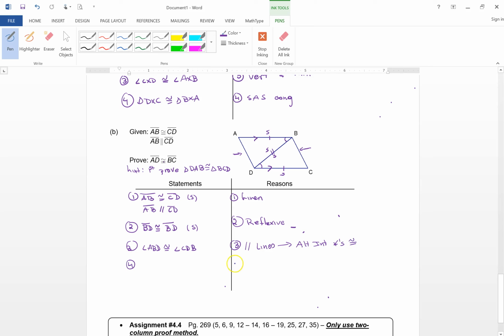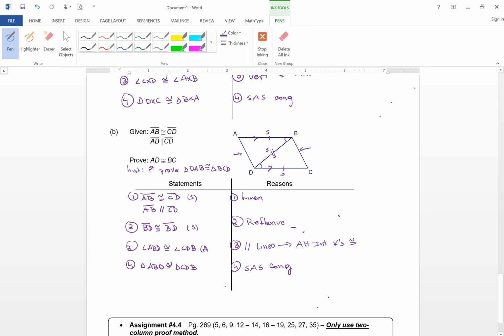Next, now I can say triangle ABD is congruent to triangle CDB because of this gave us our A, so it's SAS congruence.